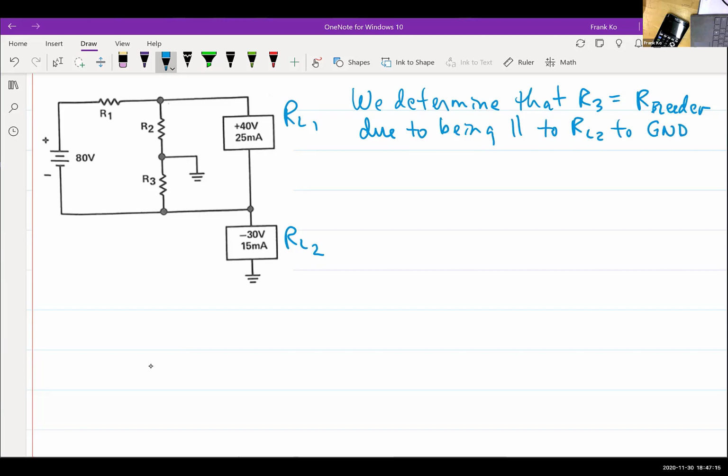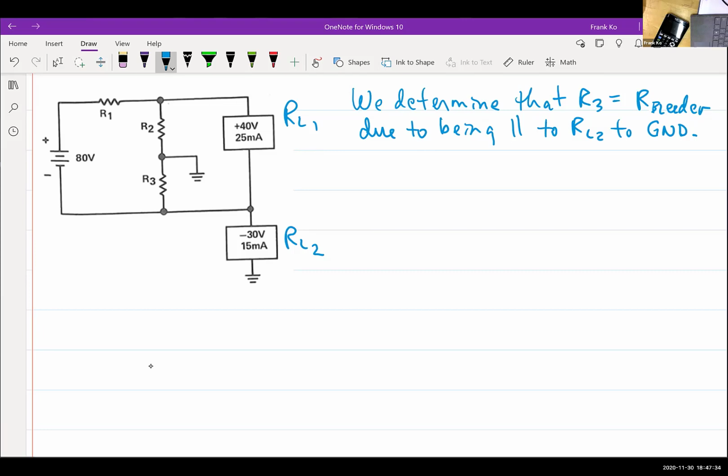So how are we supposed to have known that? I'm sorry? How are we supposed to have known that when we were assigned this? Well, I mentioned it. If it would have been in the recording, or you could have asked me. And some people did. So the bleeder resistor is R3 to ground.